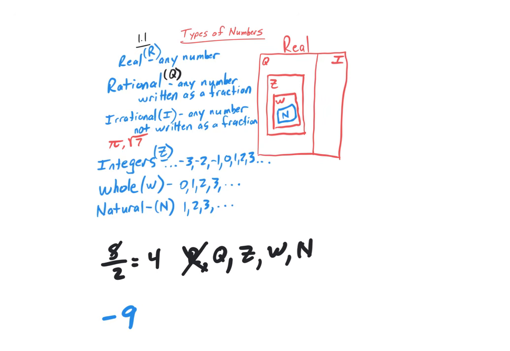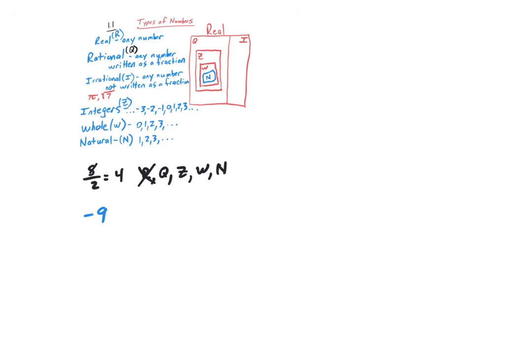And if it's an integer, then it's also rational. So -9 would belong to rational and integers. And those would be the two sets. If you said real, that's fine, but I'll just say we don't need to say real because all of these numbers will be real.